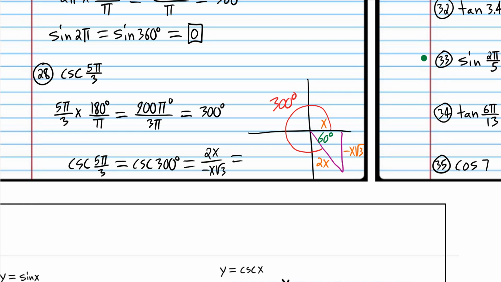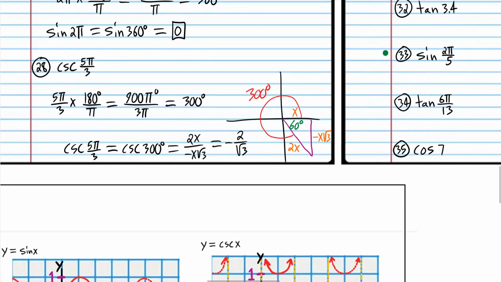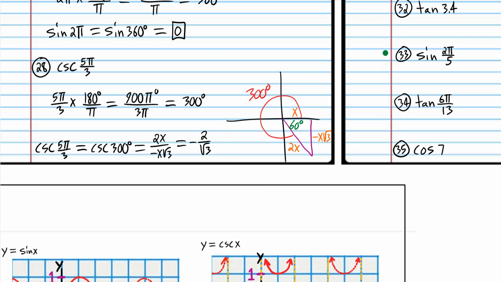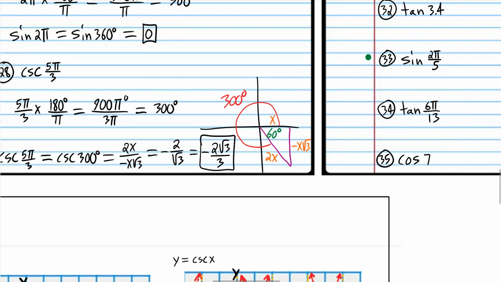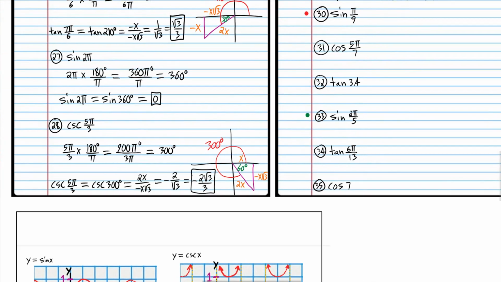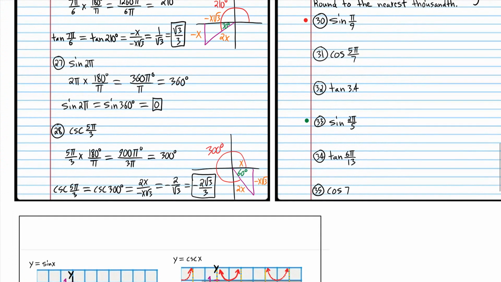So we get negative 2 over root 3. But again, it's traditional to rationalize denominators. So I'm going to multiply both sides by root 3. And we get 2 root 3 over 3. And there you go. So if you got that one right, perfect.